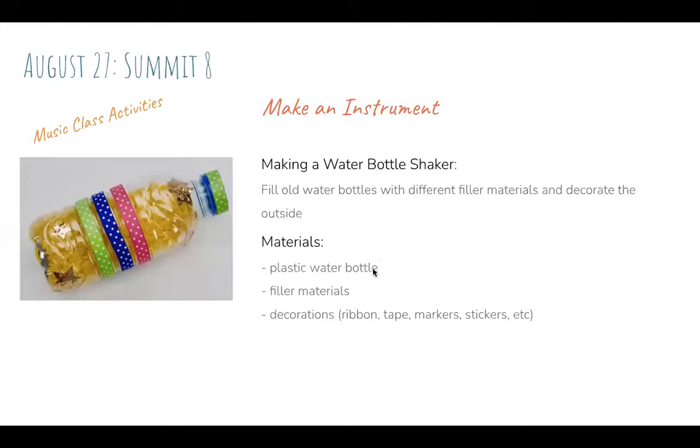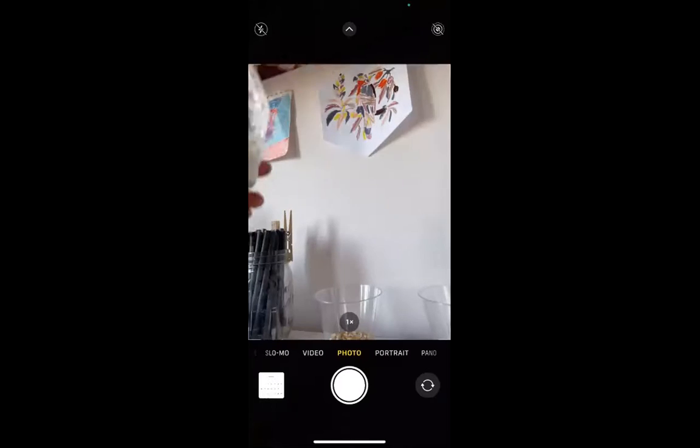So I'm gonna continue with, yeah, all you need is a plastic water bottle and filler material and decorations. Another thing that you could try is having students use different materials. So, share this again. I just want to show you. So you have this like rice sound.